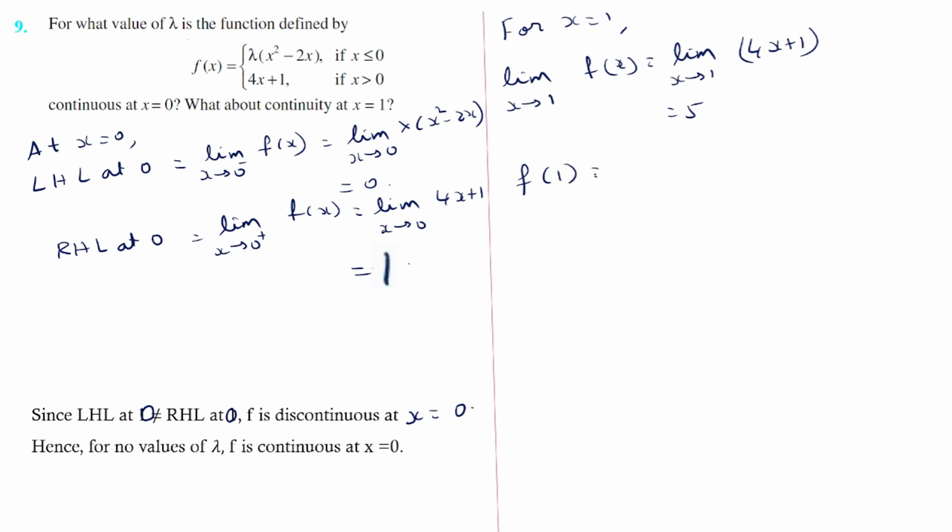And f of 1 is, again, for x greater than 0 we have f of x as 4x plus 1. So f of 1 will be 4 plus 1, which is again 5. Therefore, limit x tends to 1 of f of x is equal to f of 1. Therefore, f is continuous at x equal to 1.